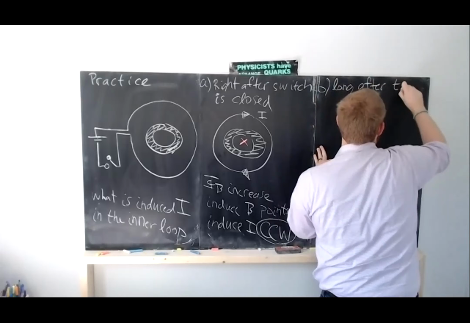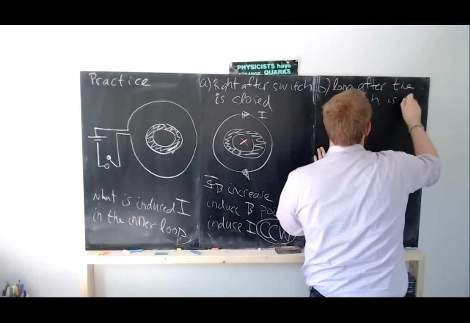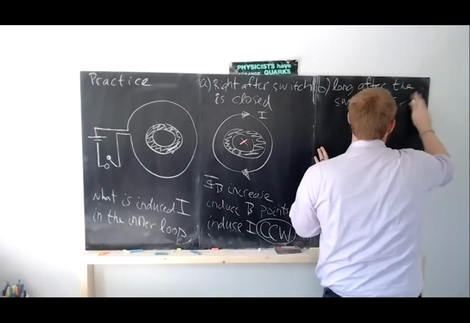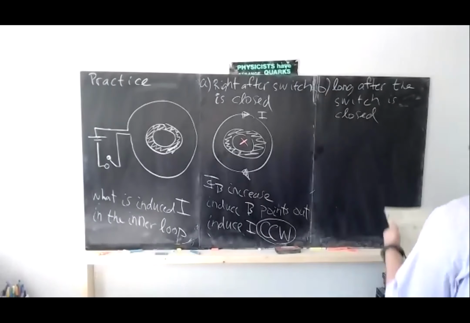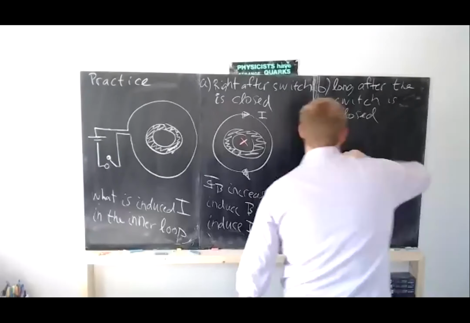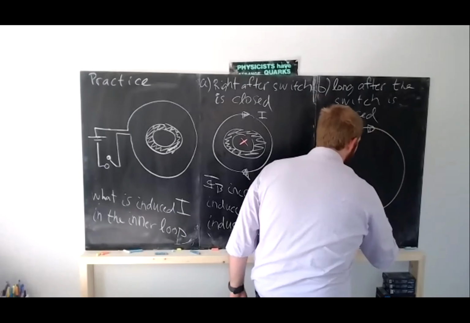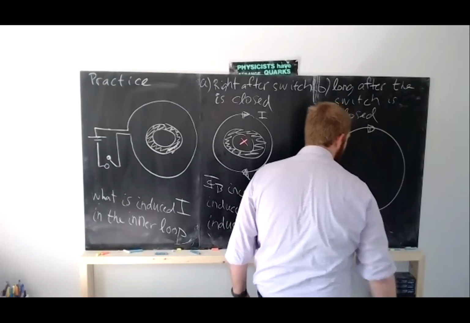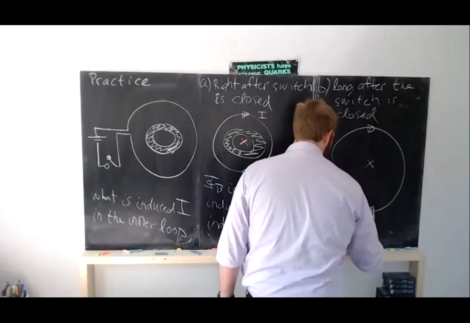Long after the switch is closed. So it looks pretty similar. Current is still going in the big loop. Current still going clockwise, which means magnetic field going this way.